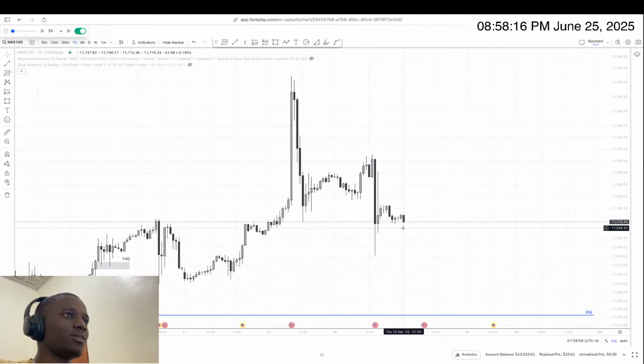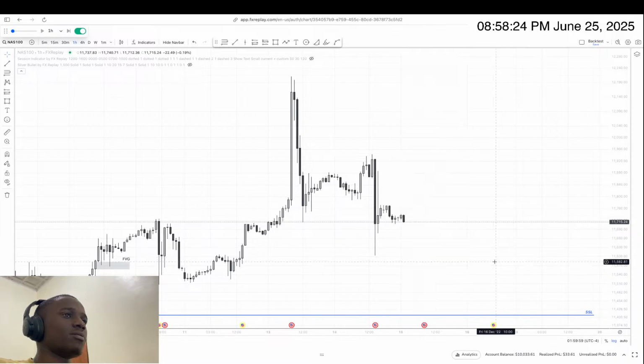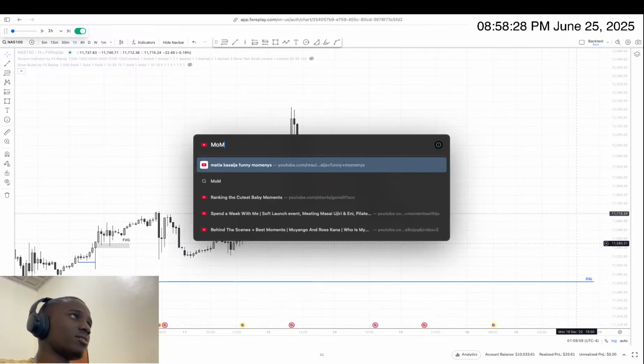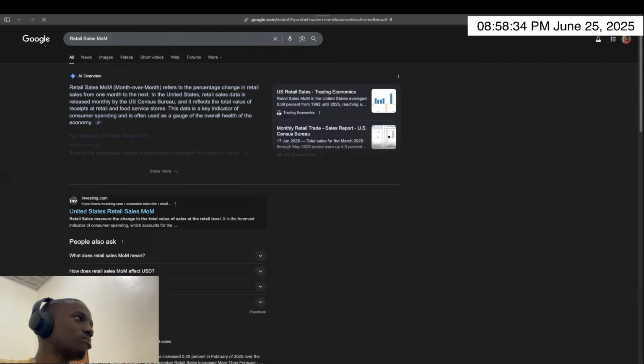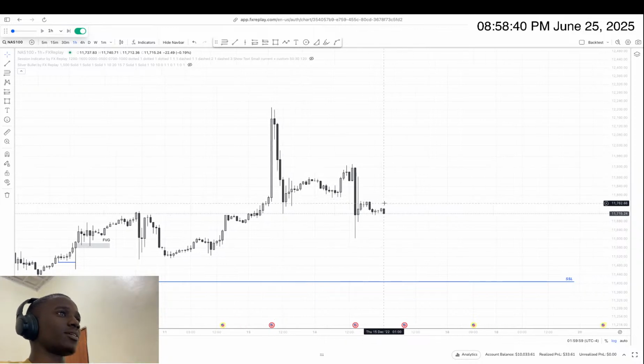It's currently 1 on Thursday, and we have some news today, which is retail sales month over month. So we can try to find an entry to position ourselves to go lower.